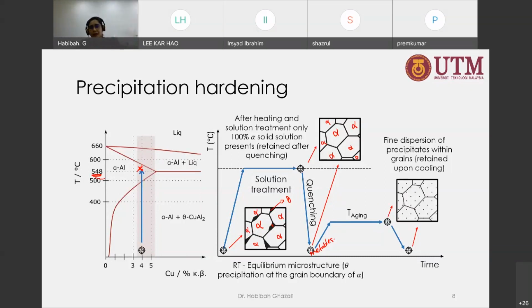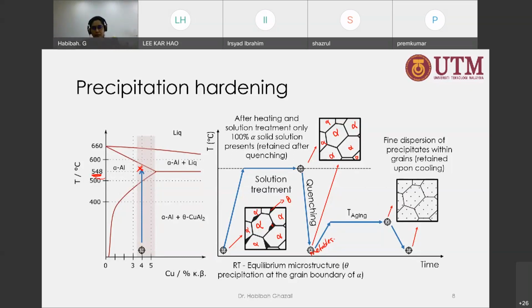So this heat treatment process was actually discovered by accident. So then they kept on doing that hardness test for a few days, and only after 4 days did the hardness increase until the 4th day it became constant.